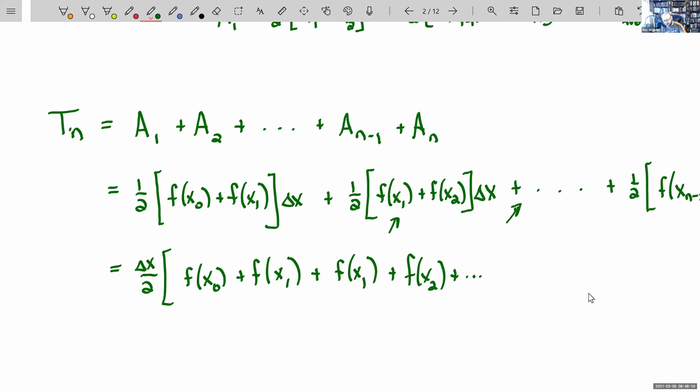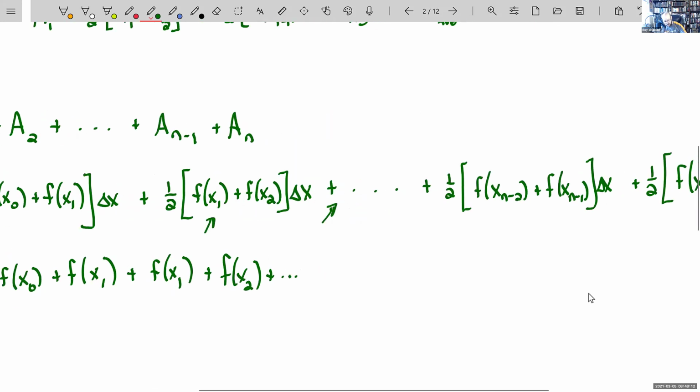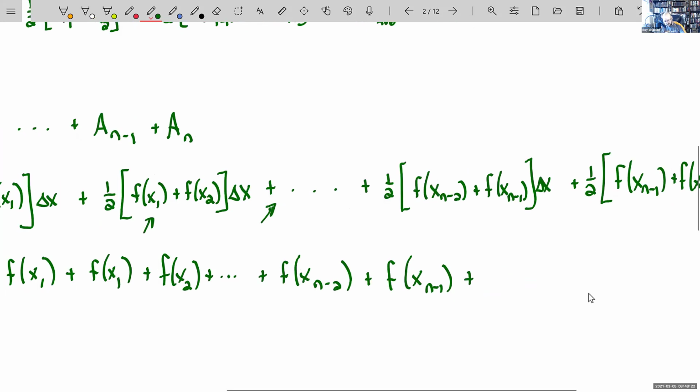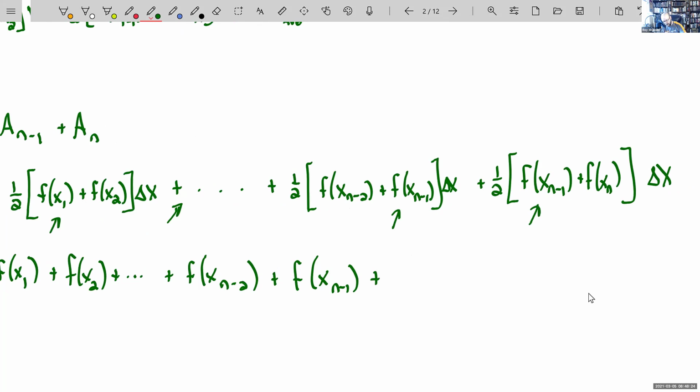There'd be another f of x2 over here, by the way. Keep going. Plus f of x sub n minus 1, plus another f of x sub n minus 1, and then finally plus f of x sub n.